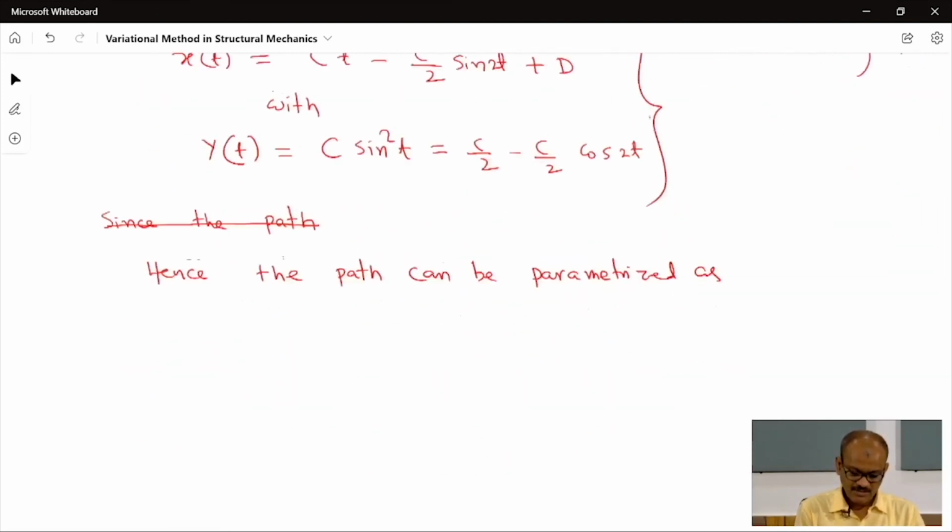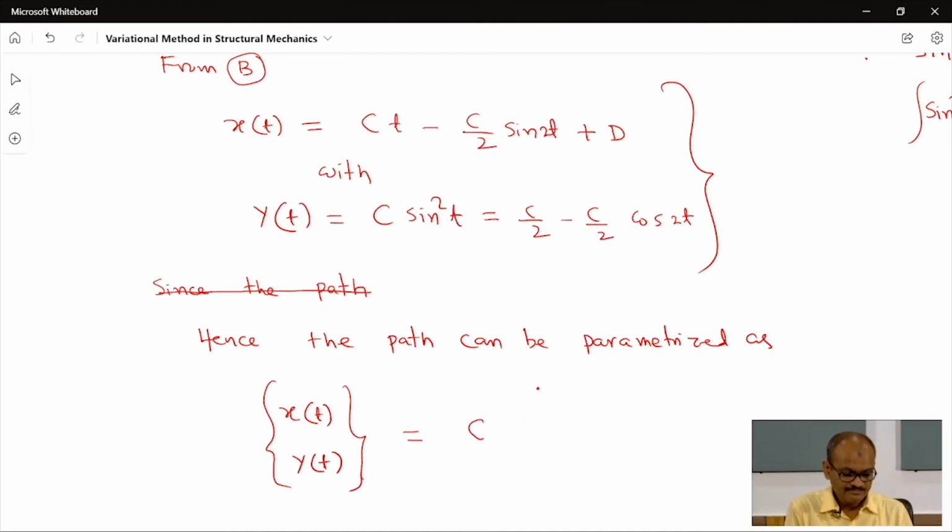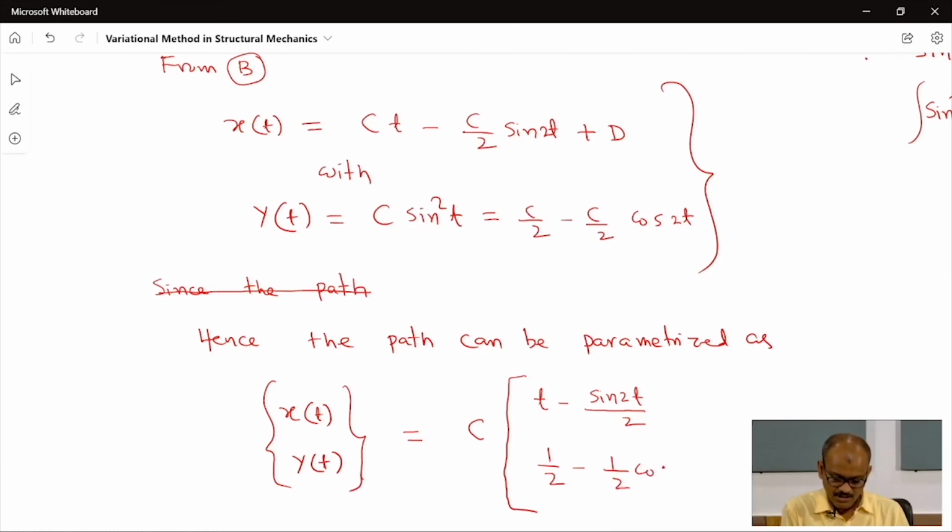How can we parameterize? x of t and y of t you can write as c times (t minus sin 2t by 2) and c times (half minus half cos 2t).